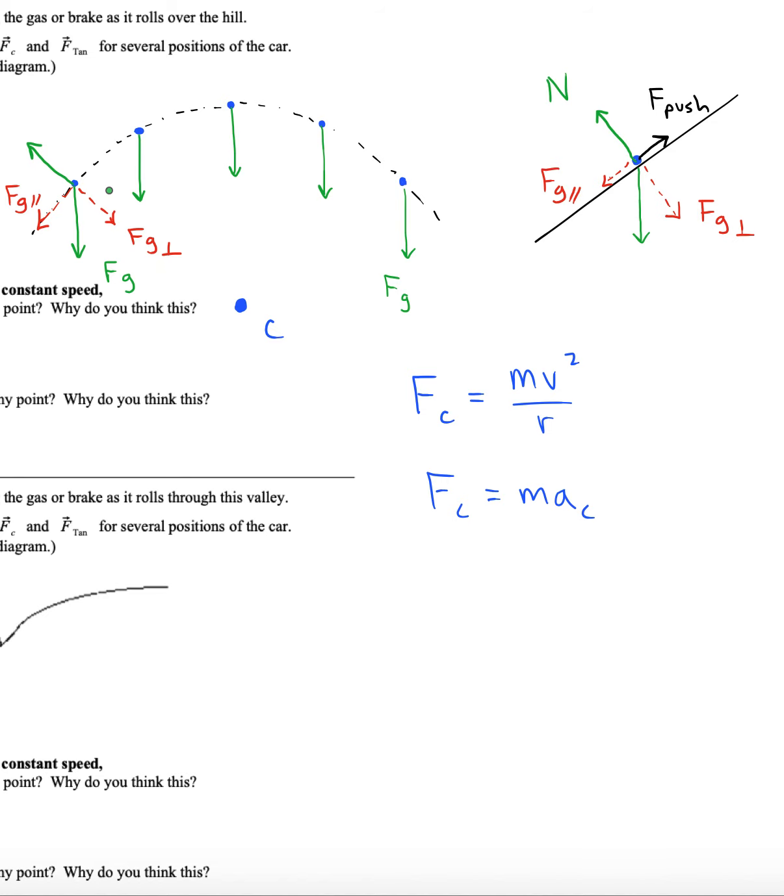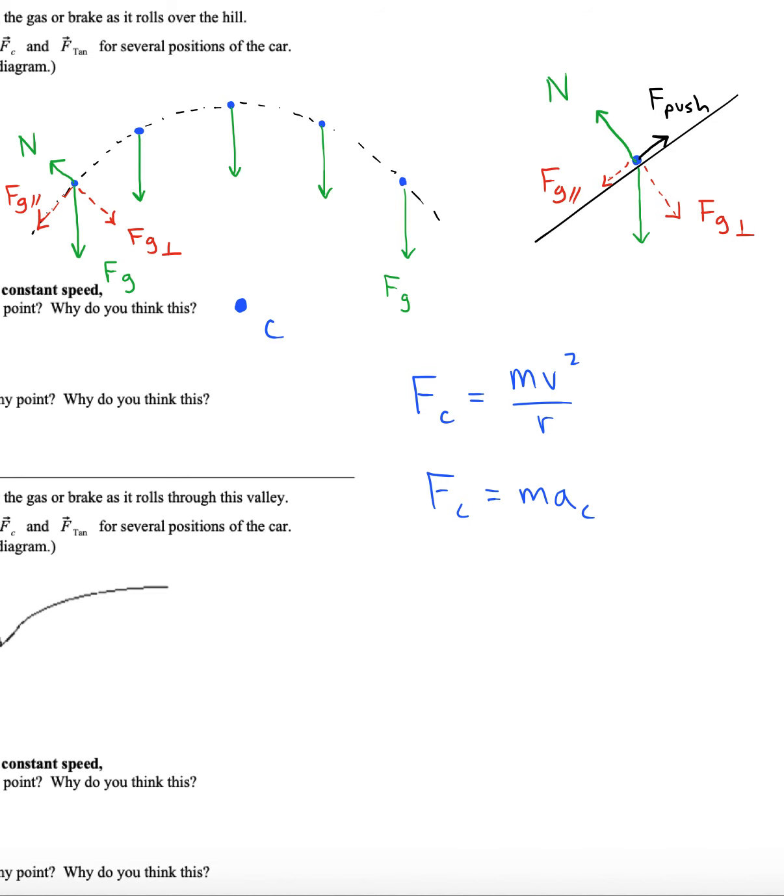If we had balanced forces like this, then what would happen is the particle would travel in a straight line as it does on this ramp here. In order to make it travel in a curved path, we can't have the normal force be that big. The normal force has to be actually less than Fg perpendicular. Now there's an unbalanced force, and it's not going to change the speed of the car. It's just going to change the direction so that it follows a curved path.